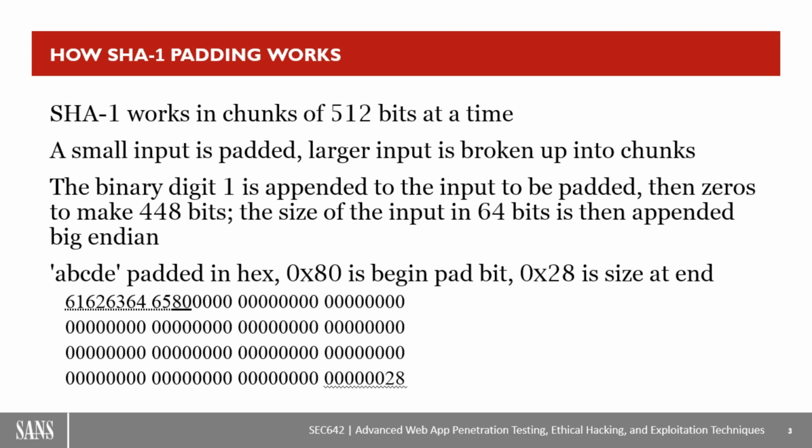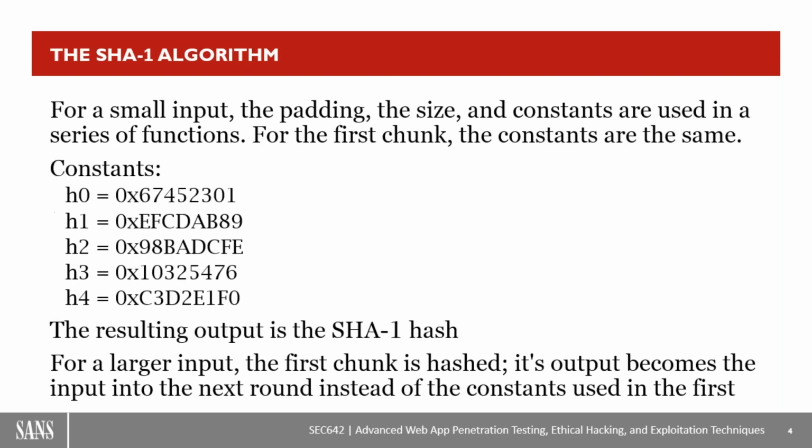Example, if we have 520 bits of input, the first 512 bits are used as the first round, then the 8 bits left over become the first 8 bits of the second round. High order bit is changed to 1, all zeros out to 448 of the second chunk, and then the size of 520 bits is converted into hexadecimal and put at the end. So this is how SHA1 fundamentally works. We're going to dive even deeper.